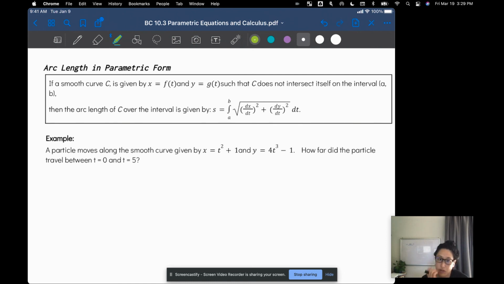So a particle moves along the smooth curve given by x is equal to t squared plus 1 and y is equal to 4t cubed minus 1. How far did the particle travel between t is equal to 0 and t is equal to 5?